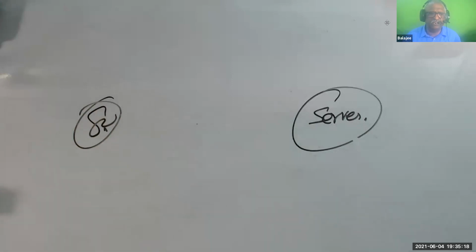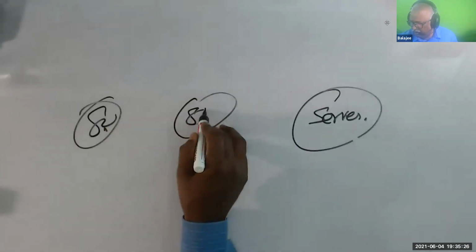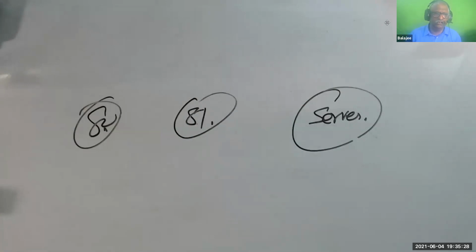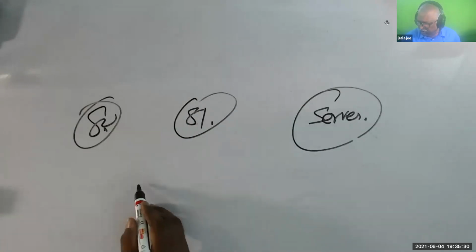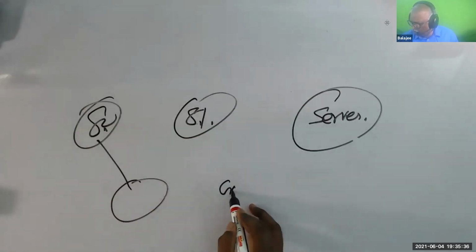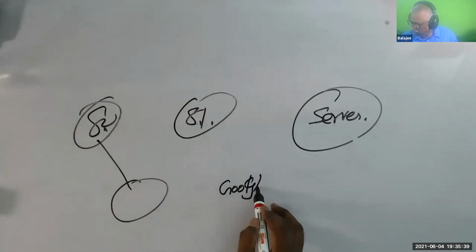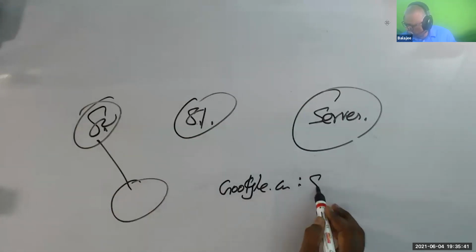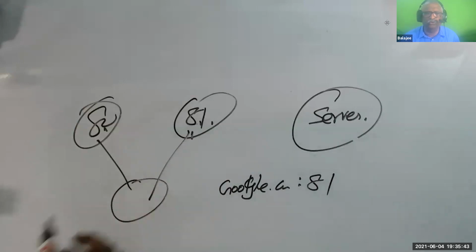That is the standard: the HTTP server's TCP port is 80. If you have to run one more, you have to run 81. You can run two, you can run any process. But the problem is, when somebody wants to communicate with you on 80, they can connect. But I can say google.com colon 81, then I will come to you.